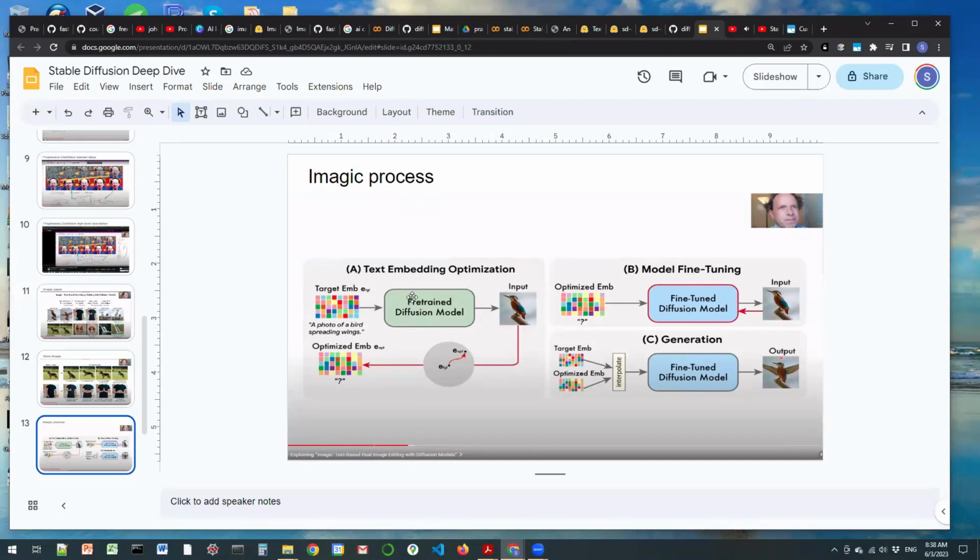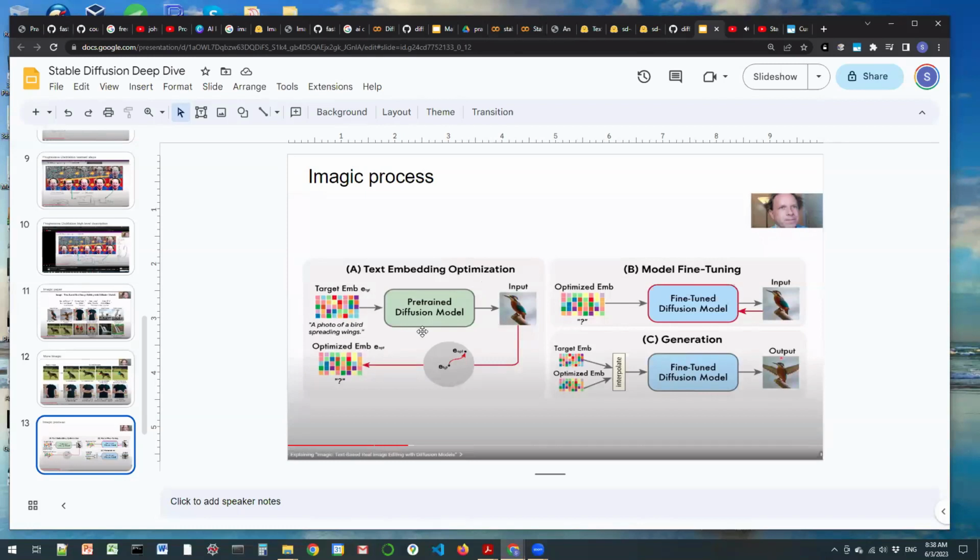The paper probably covers the details of to what extent they do this, while those details, at least to get a conceptual understanding, aren't that important. The simplest takeaway is they train this target embedding and conceptually shift the target somewhat, using the pre-trained diffusion model, to be closer to this reference input image of the bird that's also provided.